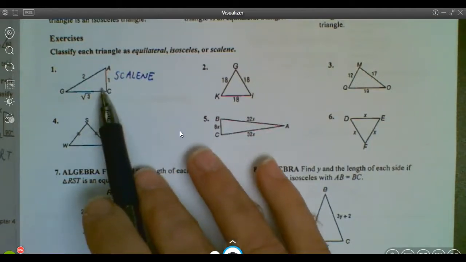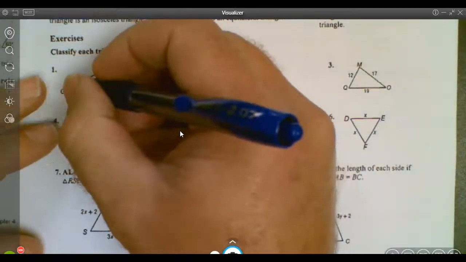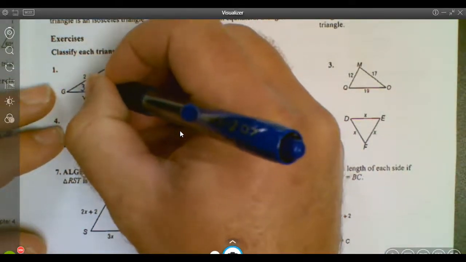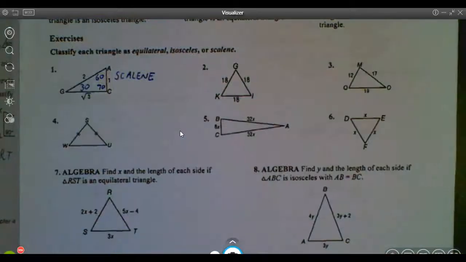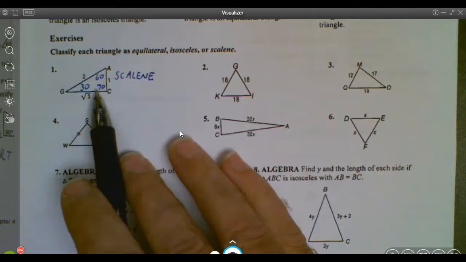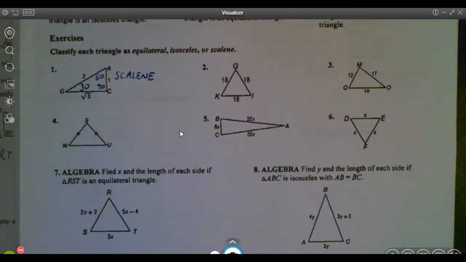So for example, let me throw in some angles on this. If I were to tell you that this is a 30, 60, 90 degree triangle, then the other name that we could give this is based on the 90 that I have right here. We would also see this as a right triangle. So really the 2 names that I could give this is I would look at this triangle and I'd say this is a scalene right triangle.